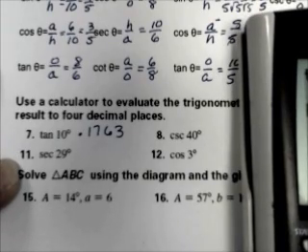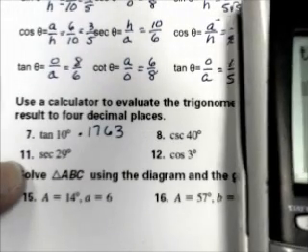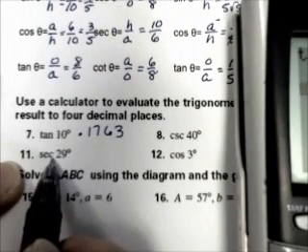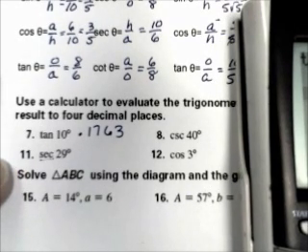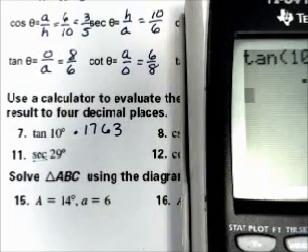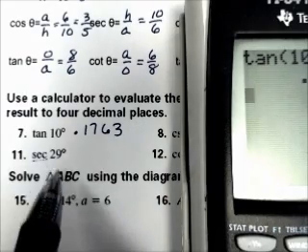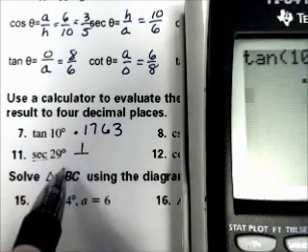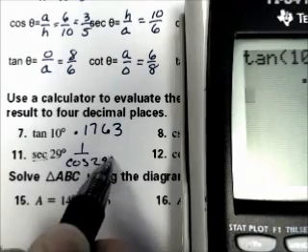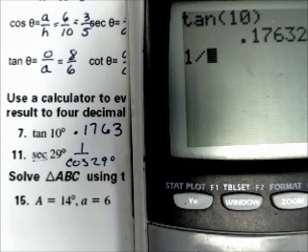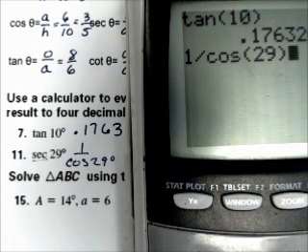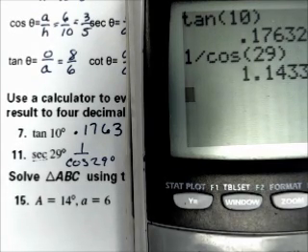We don't have that key on the calculator, but secant is equivalent to the reciprocal of cosine. So we can write this as 1 over cosine of 29 degrees. On the calculator, we key in 1 divided by cosine 29, 1.1434.